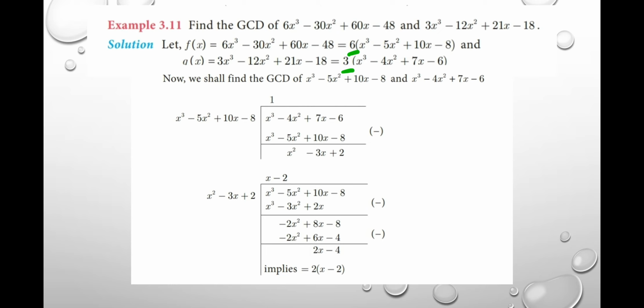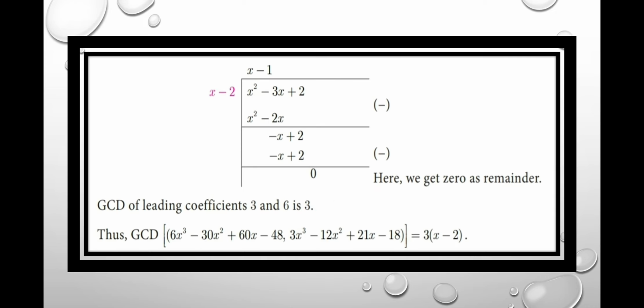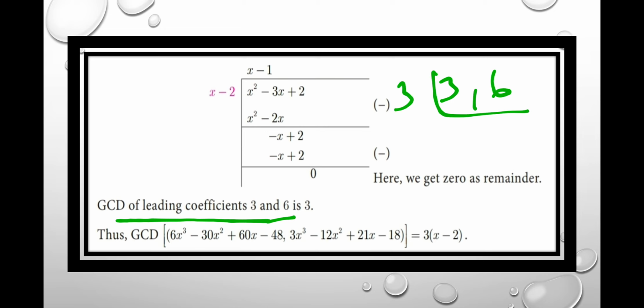We have to find the GCD of these two numerical coefficients also. So, first we have to find the GCD of 6 and 3, that is why I write here the GCD of leading coefficients 3 and 6 is 3. How can we find this? By this method, 3 comma 6. So, divide by 3, 3 ones are 3, 3 twos are 6.